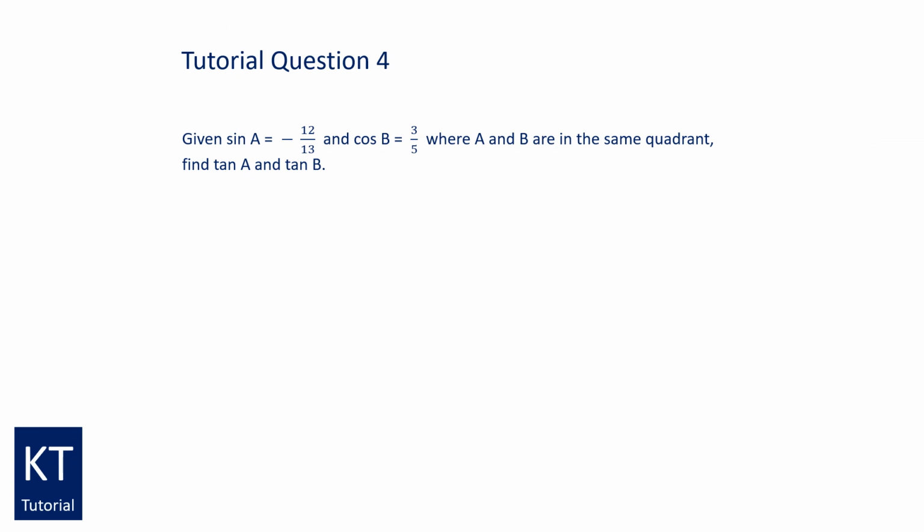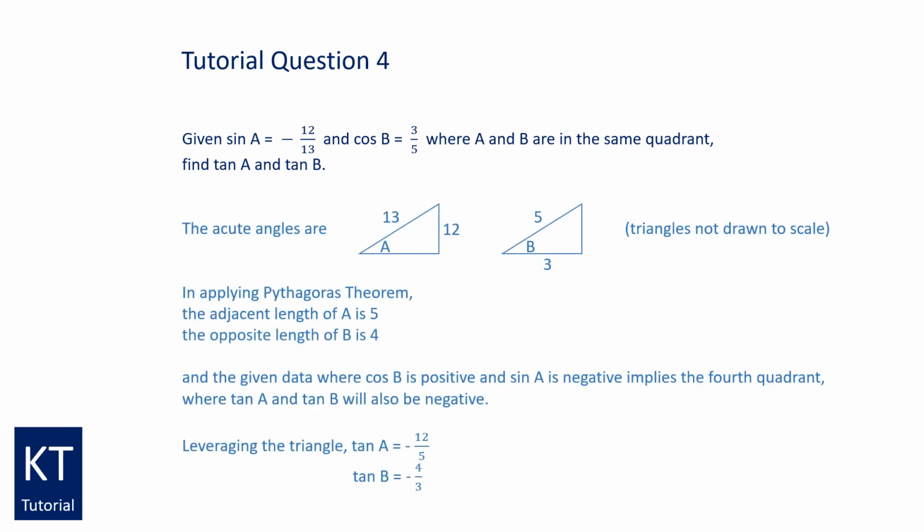Tutorial question 4. Given sine A being equal to minus 12 over 13 and cos B being equal to 3 over 5, where A and B are in the same quadrant, find tangent A and tangent B. From the given info, we could put up the triangles representing what is said. And by applying Pythagoras theorem, the adjacent length of A is 5. Also, the opposite length of B is 4.